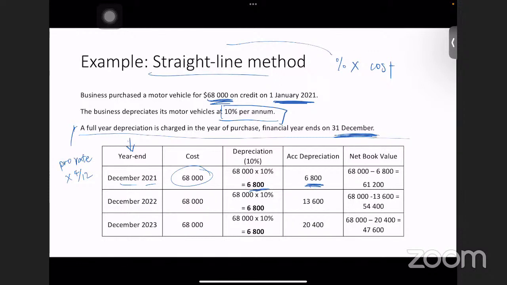So whatever I have this year is a fresh start. It's also my accumulated. Okay, then net book value, quick recap again, cost minus accumulated depreciation. Okay, so I take this minus this, I will get this. So that will be for your first year.